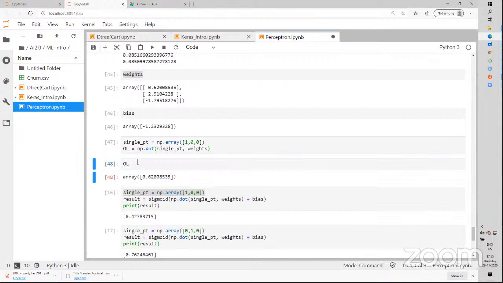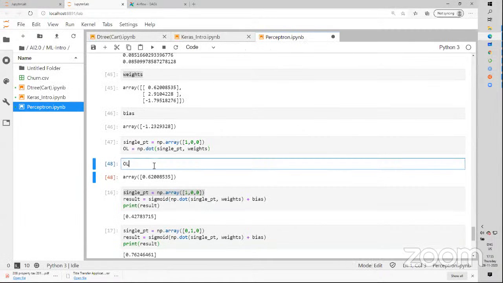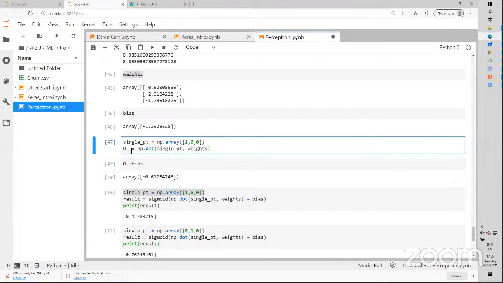OL is 0.620. Sorry, not OL. So this is 0.620, this value. And to this, I have to add the bias term. So let's add the bias term, OL plus the bias. Sorry, this is not the OL, this is the weight matrix.